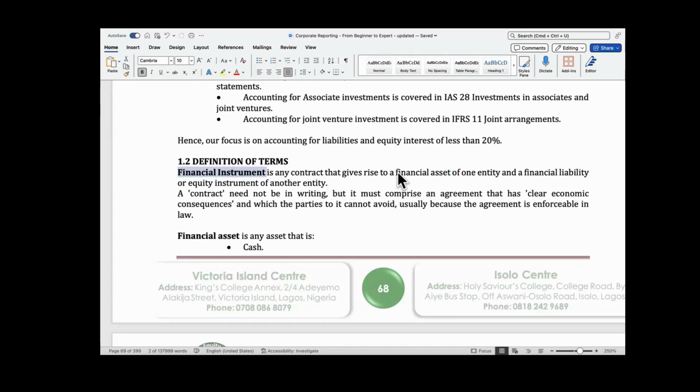One party must have financial assets, while the other party would either have financial liability or equity, depending on what the instrument is issuing to raise money. If it's issuing a debt instrument, then you would have a financial liability. If it's issuing an equity instrument, you will have an equity instrument.